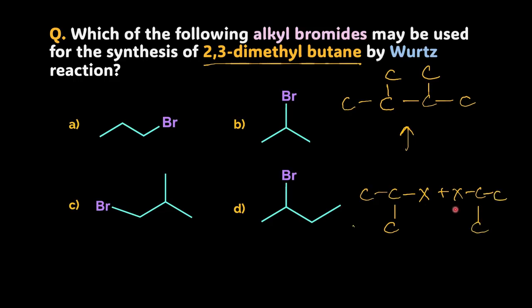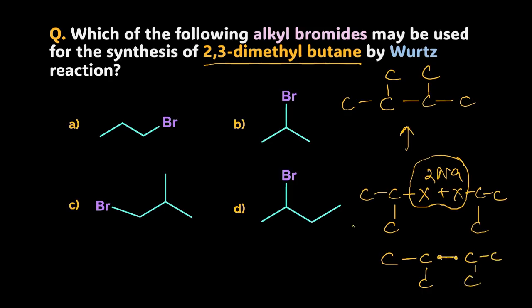So you can think of 2 moles of sodium going away with these 2 halogens to give you sodium halide. As a result, the free radical that is getting formed is this isopropyl free radical, and 2 such isopropyl free radicals are going to combine to give you this product. So what shall be your reactant? The reactant should be 2-bromopropane, which is in option B. So B becomes the answer.